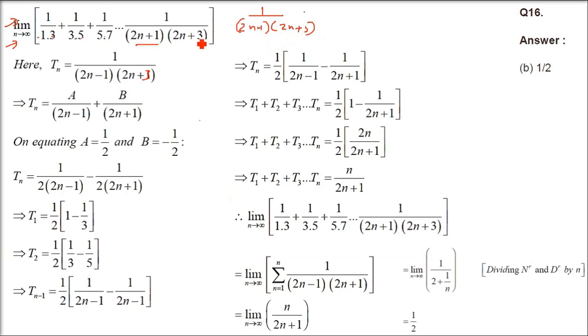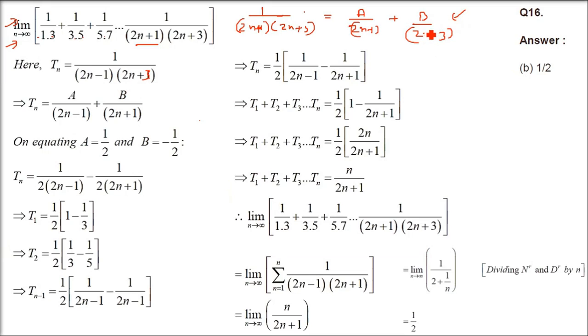The nth term will be 1 by 2n minus 1, 2n plus 1. I am suggesting that the nth term is a by 2n minus 1 plus b by 2n plus 1. And when we try to solve it, we have to use the partial fraction. A by 2n minus 1 plus b by 2n plus 1, not this 2n plus 3 or 2n plus 1, right? So this is a partial fraction question.